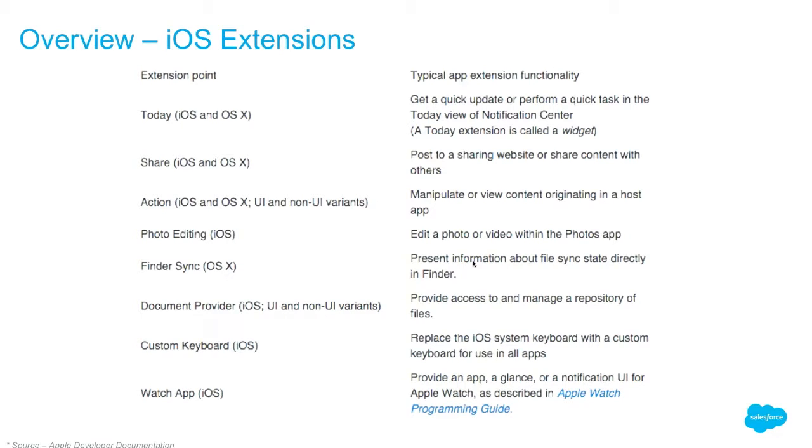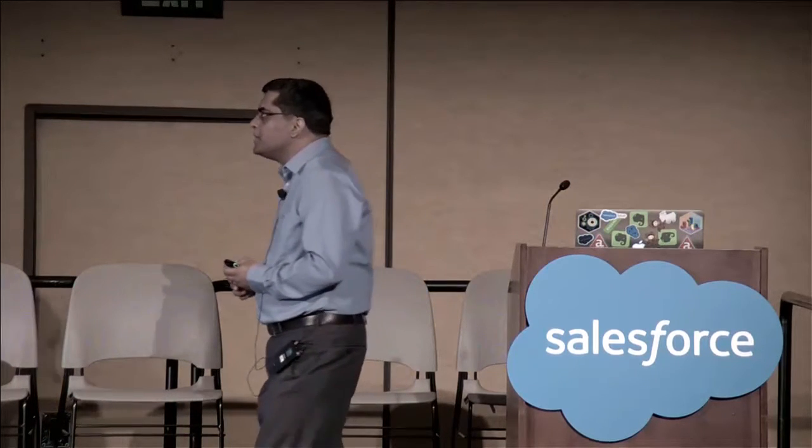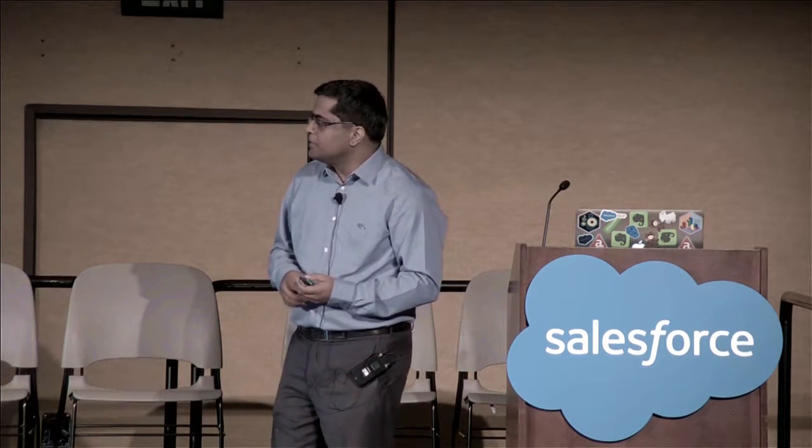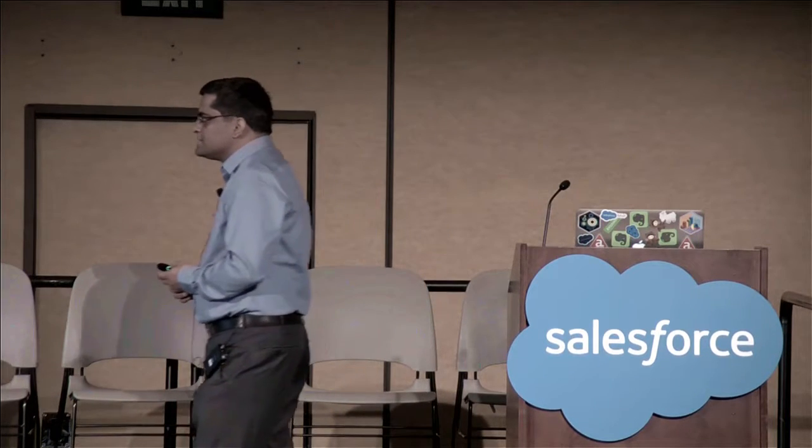It's not just for iOS, it is for OS X or macOS Sierra now. Sharing is again very common. Action sheets are very common. Photo editing is common with sharing applications. Then there are others as well which are not so common. There is Finder Sync, document provider, custom keyboard, and watchOS extensions are picking up as well.